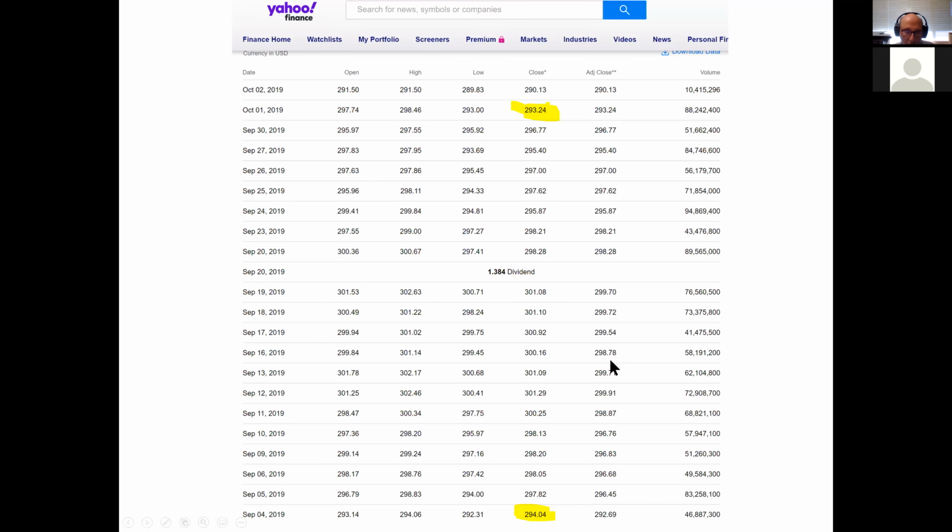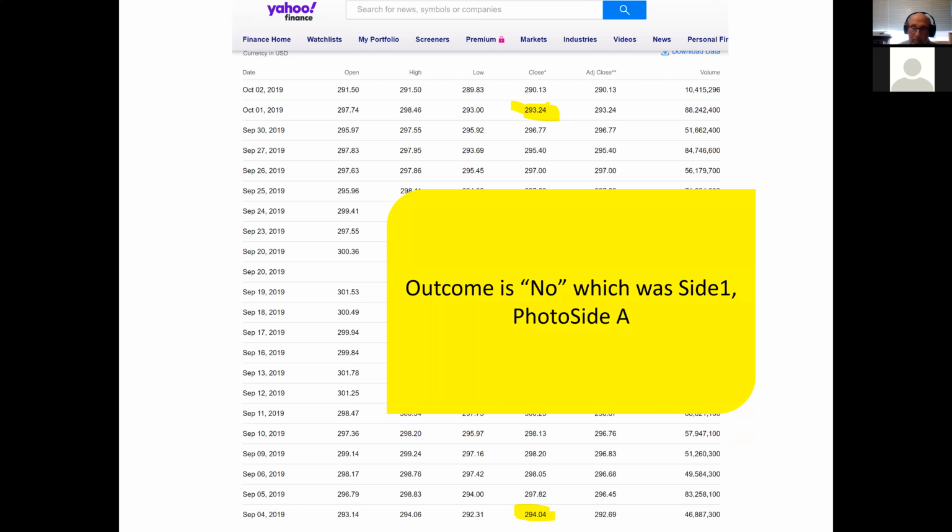So I actually went to raw data like this. And here's September 4th, SPY 294.04. And here we are, October 1, yesterday, 293.24. So pretty close, actually, but down.